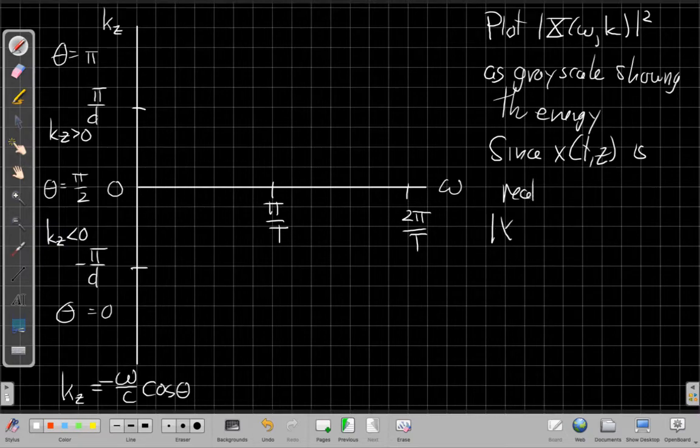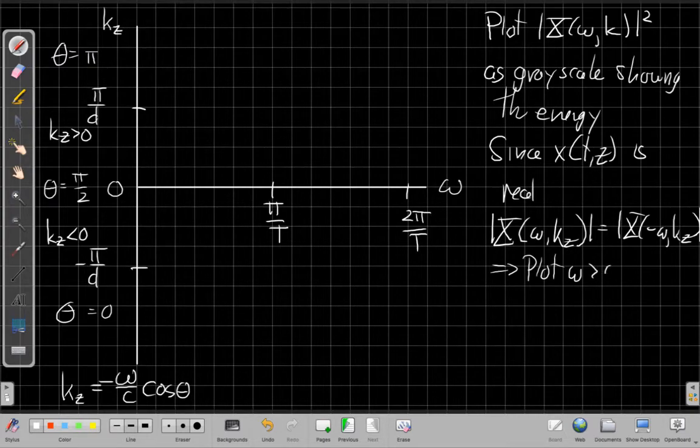That tells us that the magnitude of omega, k_z is the same for plus or minus omega. Right, the magnitude is an even function in omega for real signals. So we're only going to plot the omega greater than 0 part.